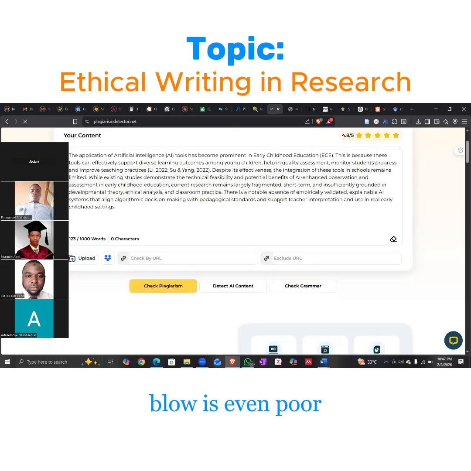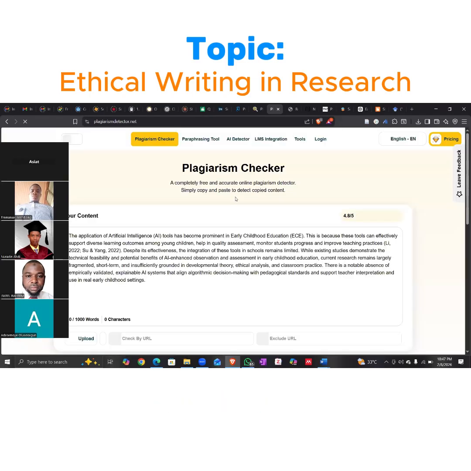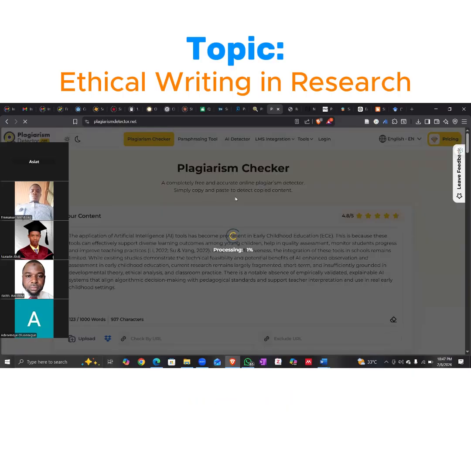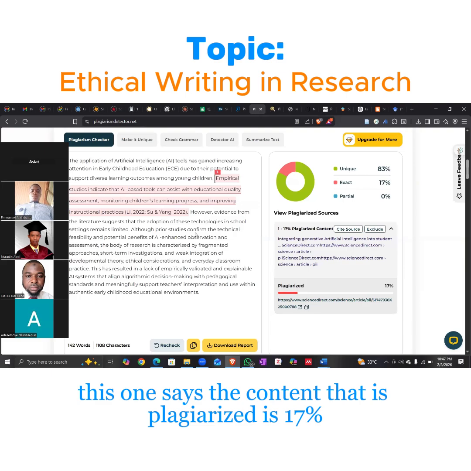Glow is even poor. Network, why now? Okay, it's checking, processing 1%.